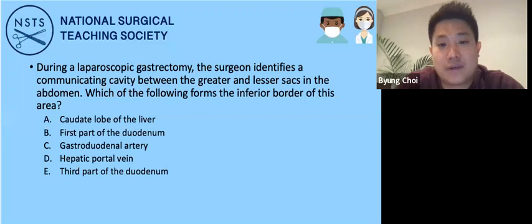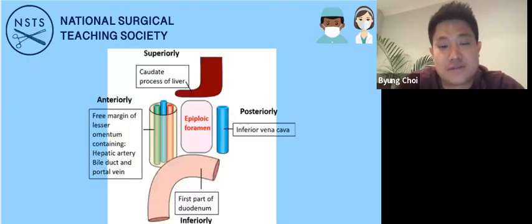Now, I will show you the diagram, which will be easier to visualize. So these are the boundaries in the region of the epiploic foramen. Superiorly, you have the caudate process of the liver, and inferiorly, you have the duodenum. So that was the answer to this question.